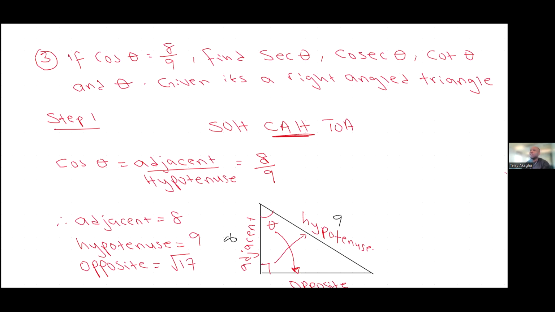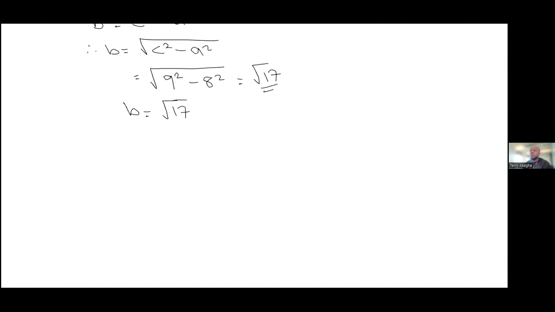All right, so let's start with sec, okay? So to find sec, we need to find sec theta. Now, the first thing we need to know is what is the formula for sec.